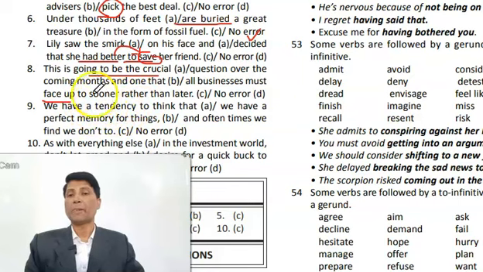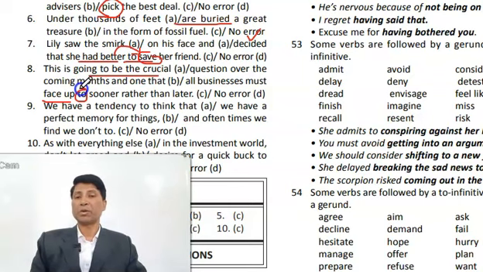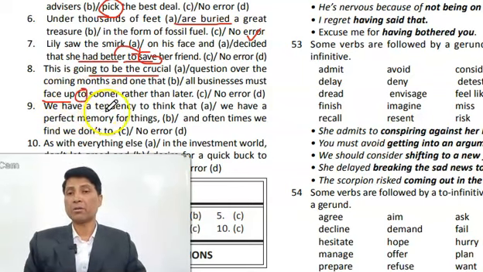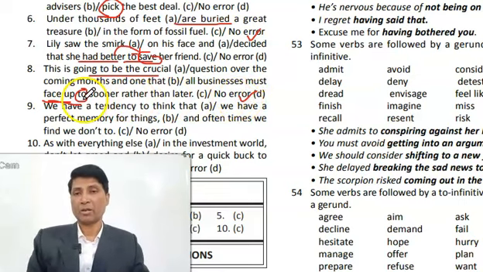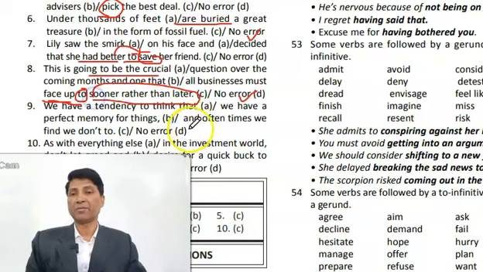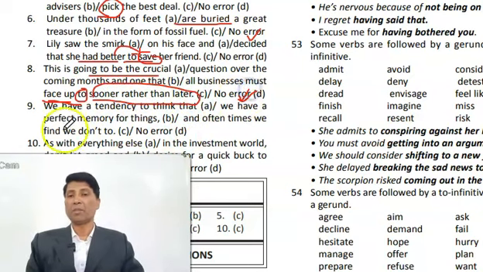Let me see it once again. No, it's correct, it should be no error. Face up to means accept the challenge, and sooner rather than later is an adverb here. So this sentence has no problem.